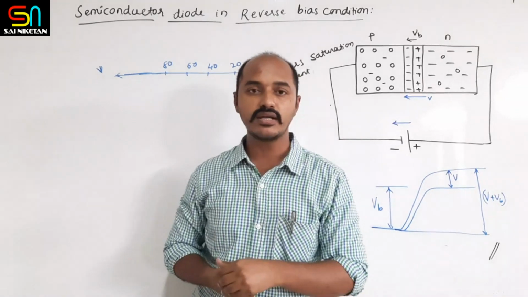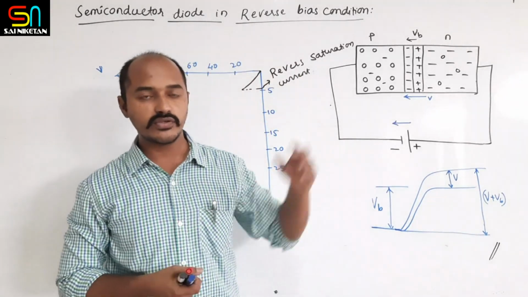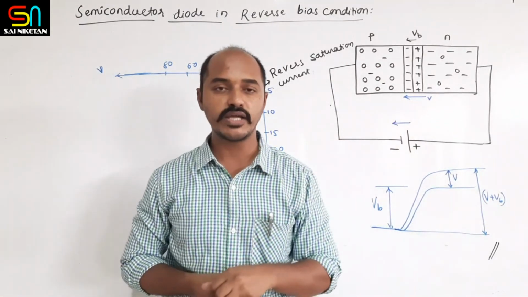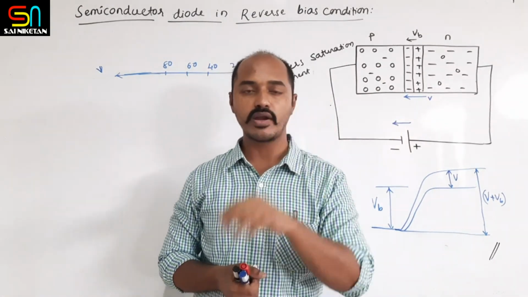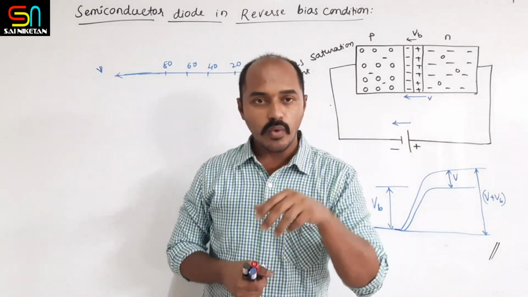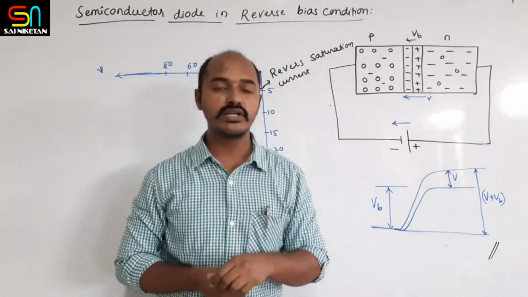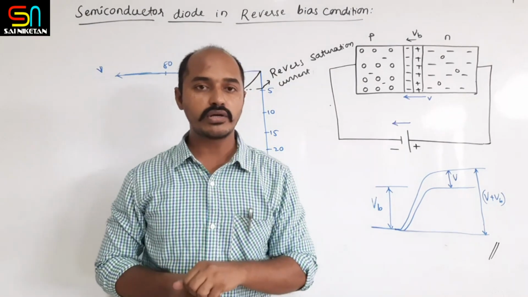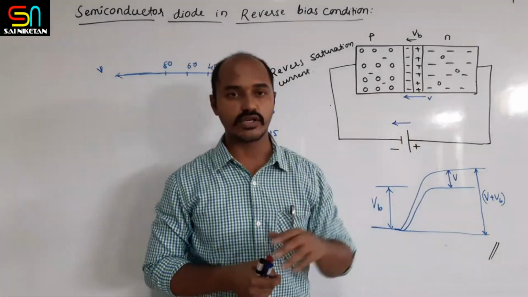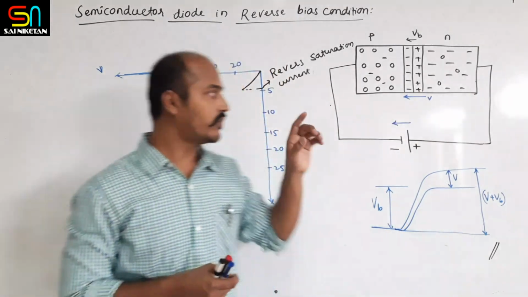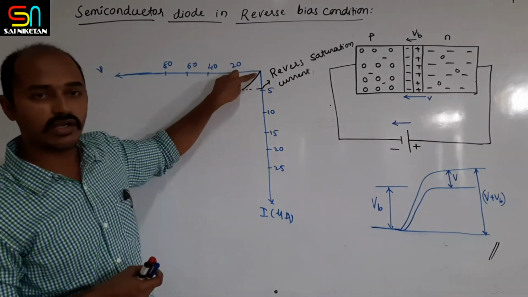Suppose, let us assume that the number of minority charge carriers, electrons or holes, is 10. When a potential difference of 1 volt is applied, one minority charge carrier flows across the junction. Because of that one minority charge carrier, a little amount of current is developed.